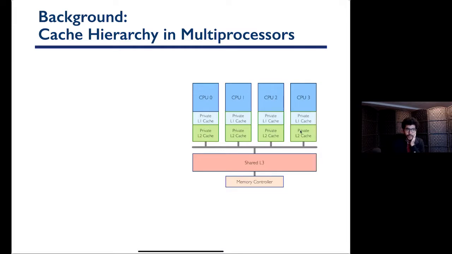And this could be multiple levels of caching. So in this particular example, I have a level 1 cache that is private to CPU1 and a level 2 cache that is private. This basically means that only CPU 0 has access to this L1 cache, and only CPU 0 has access to this L2 cache. But this L3 cache is shared between all CPUs. So all of them can actually access this.